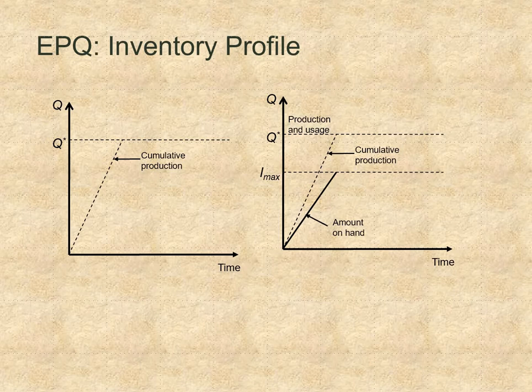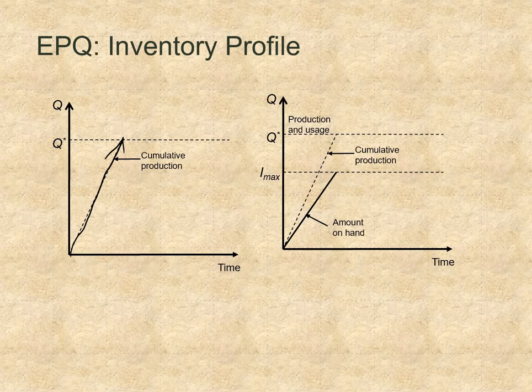Okay, now move on. Let's look at the case of production. As production keeps going on, this dashed line here, Q, increases as time moves on. So these are the relationship between these two.